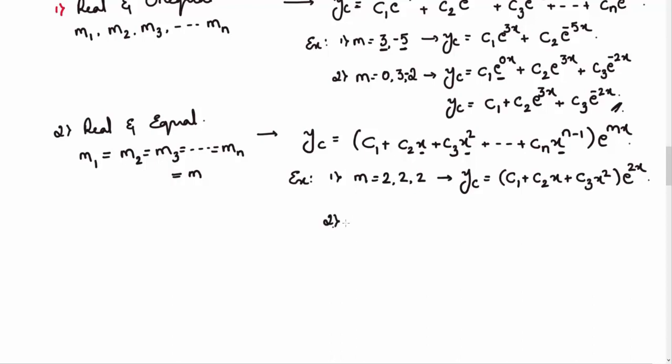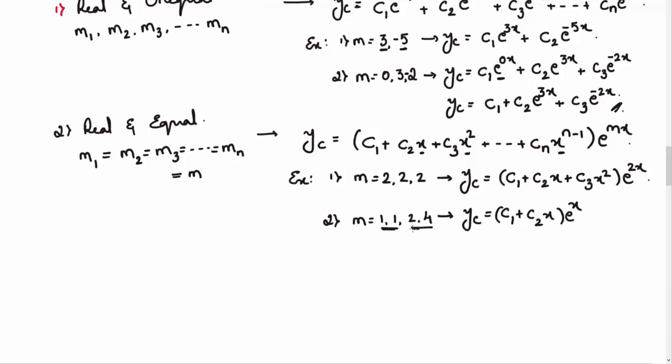And similarly, if I am having the roots as 1, 1, 2 and 4, we see 1 is repeated only twice, so for 1, 1 we'll be writing for the repeated roots as c1 plus c2x into e to the power 1 into x.